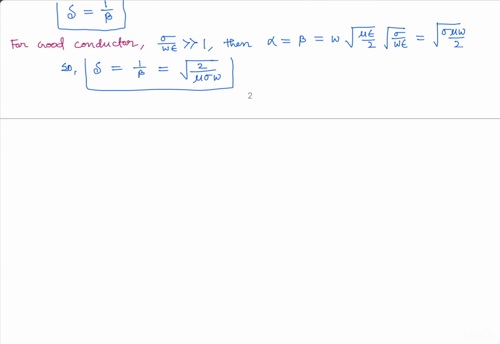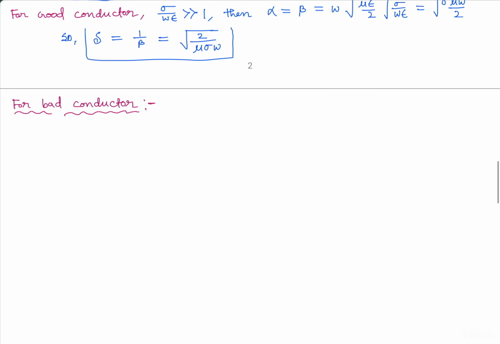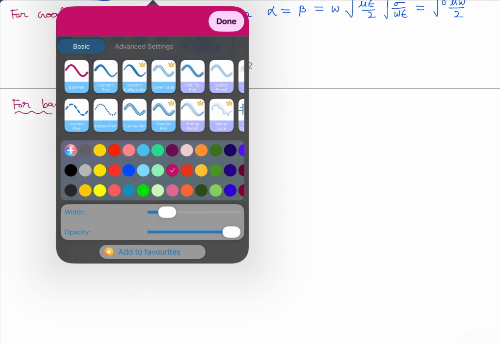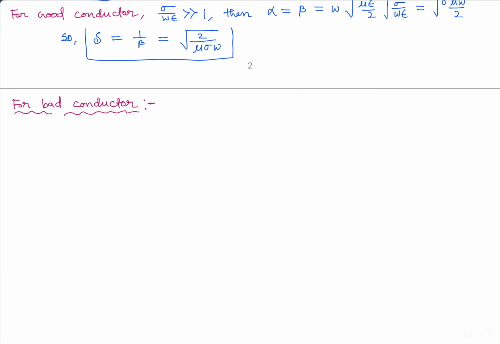Now for bad conductor, sigma by omega epsilon is much less than 1.